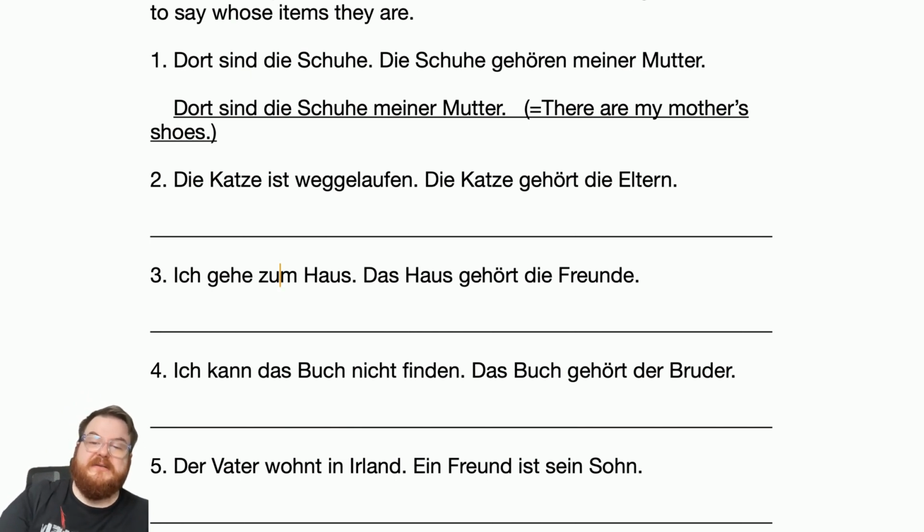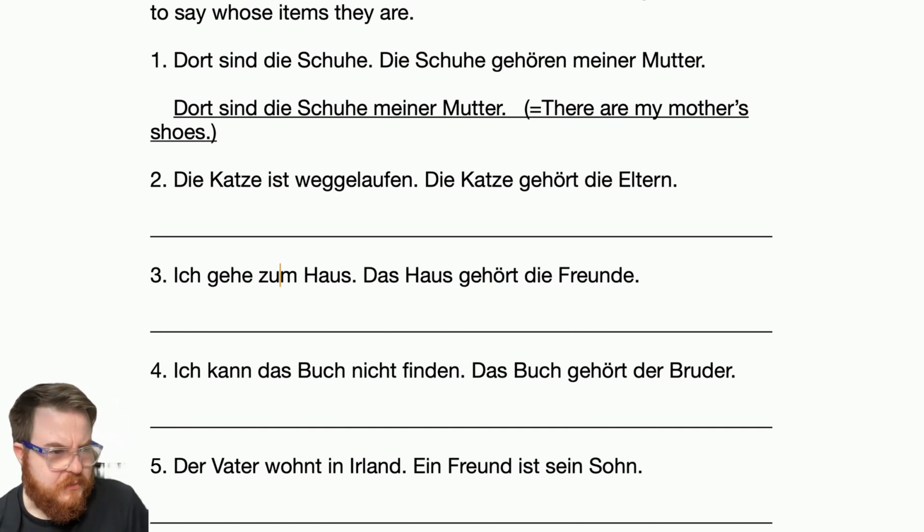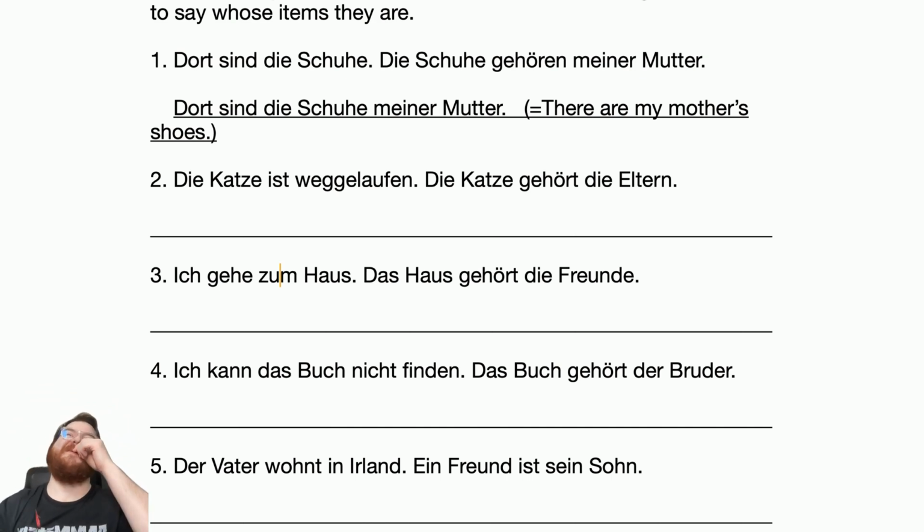A friend is his son. What would the translation of the full sentence be? The father of a friend lives in Ireland. A friend's father lives in Ireland.